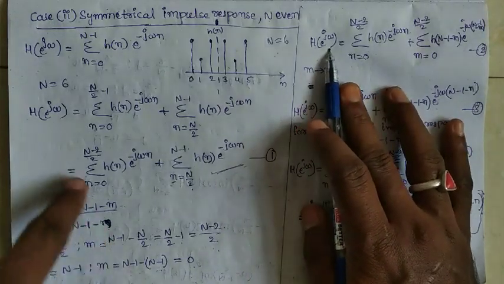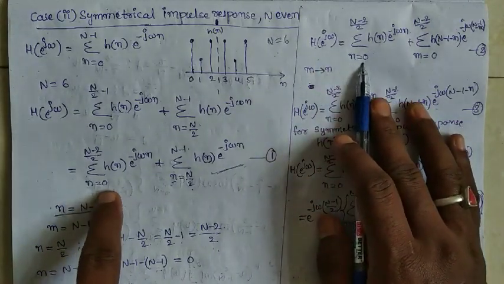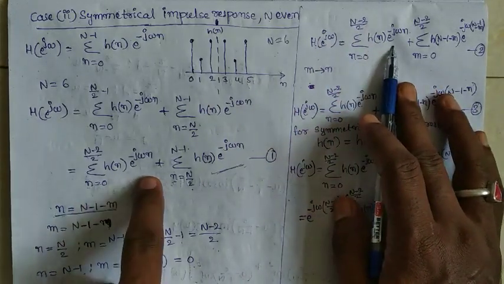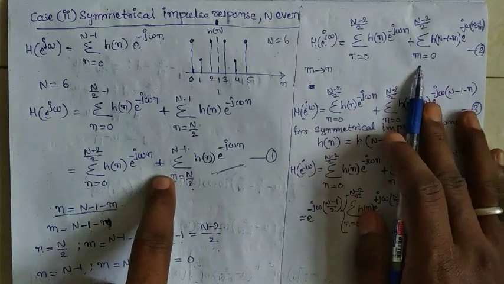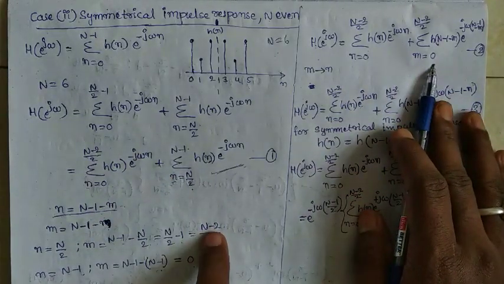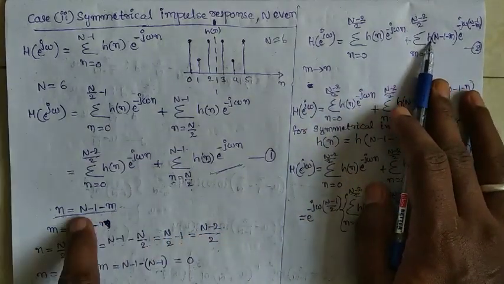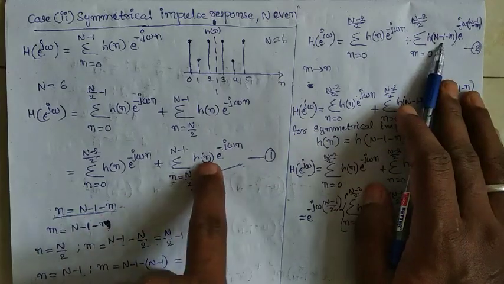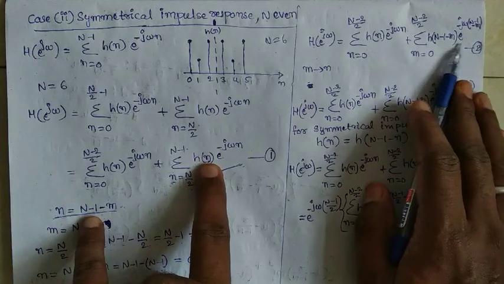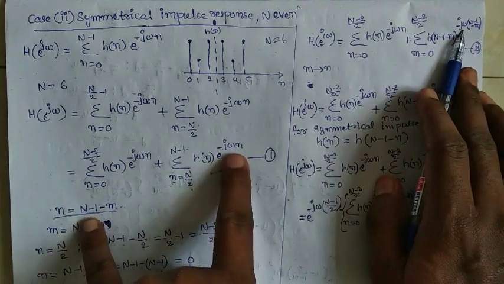H of e power j omega is equal to the first summation, which is the same: summation n equal to 0 to N minus 2 by 2 of H of n into e power minus j omega n, plus summation m equal to 0 to N minus 2 by 2 of H of capital N minus 1 minus m into e power minus j omega into n.